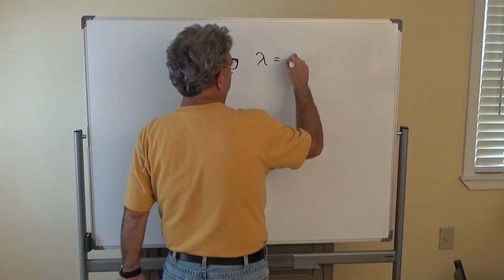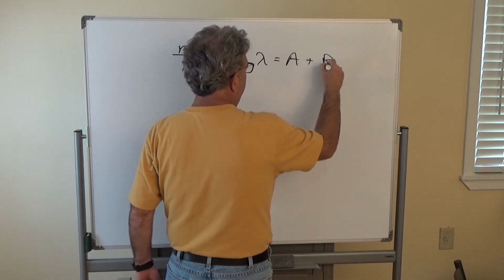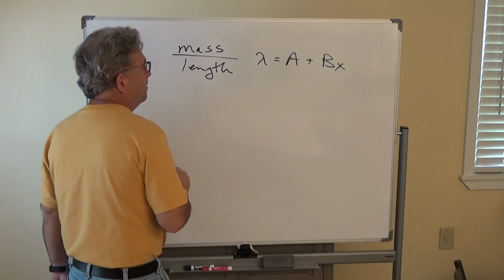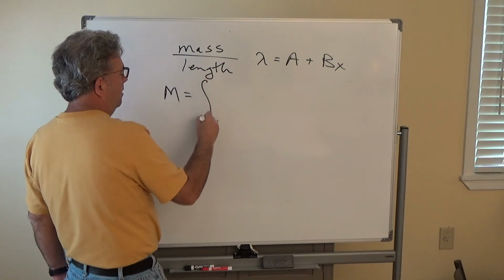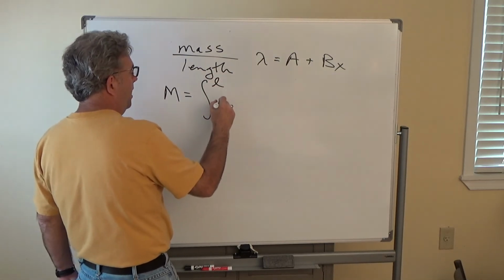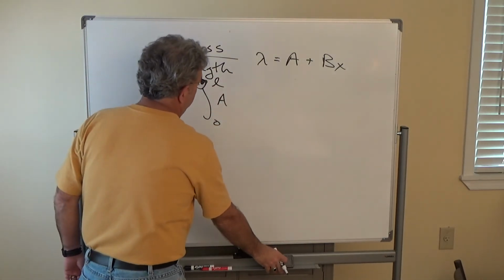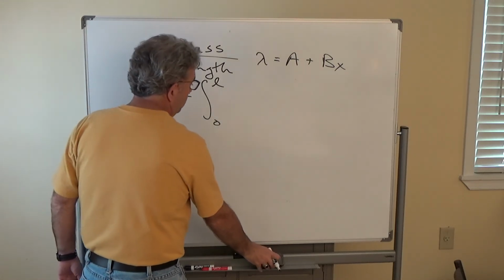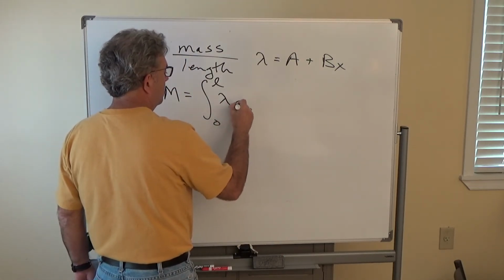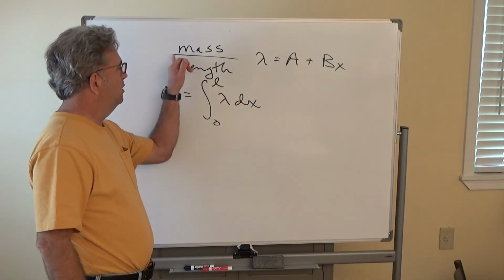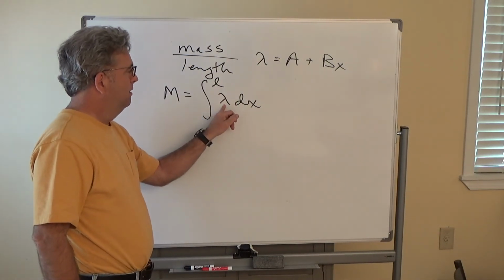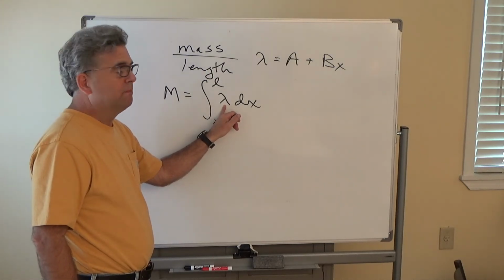And that's of the form A plus BX. So to find the total mass in part A, you integrate from 0 to L of lambda dx. Summing up over all the little positions, because this is mass per unit length, you're summing up lambda.